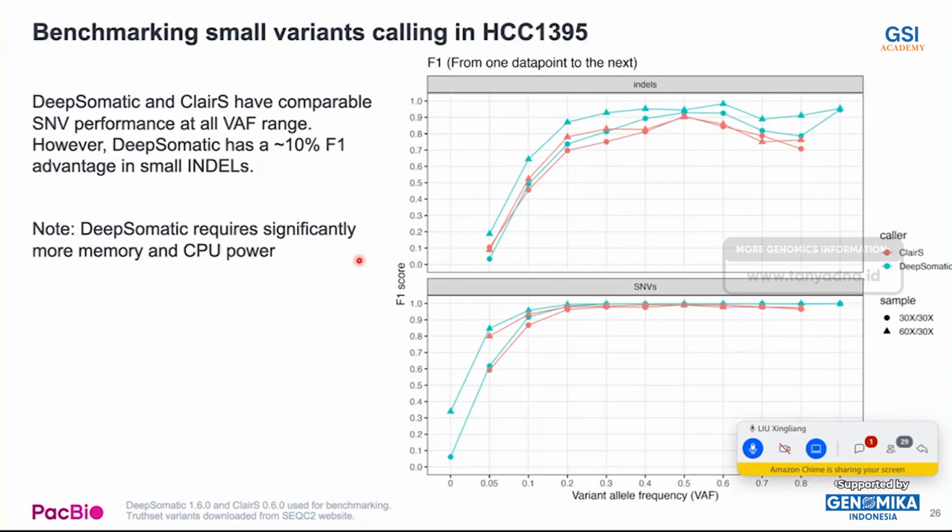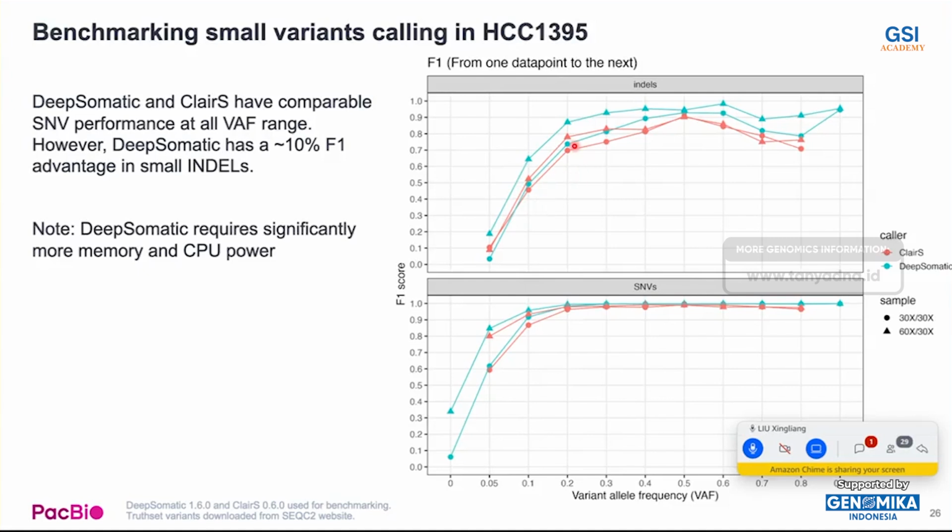Okay, for small variant calling, for SNVs, we could easily achieve over 80% F1 score even for the very low allele frequency variants.